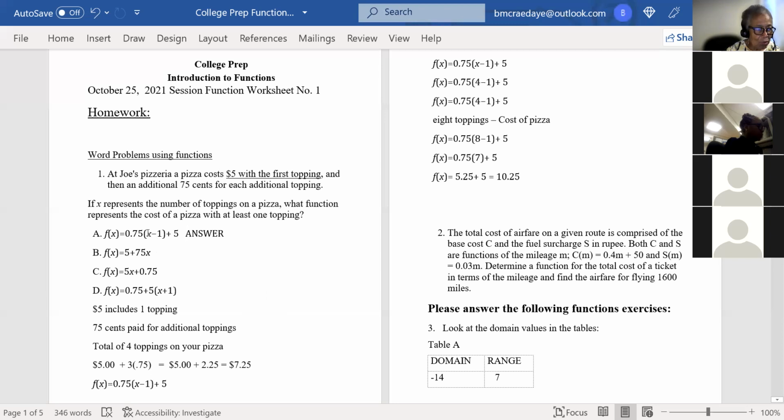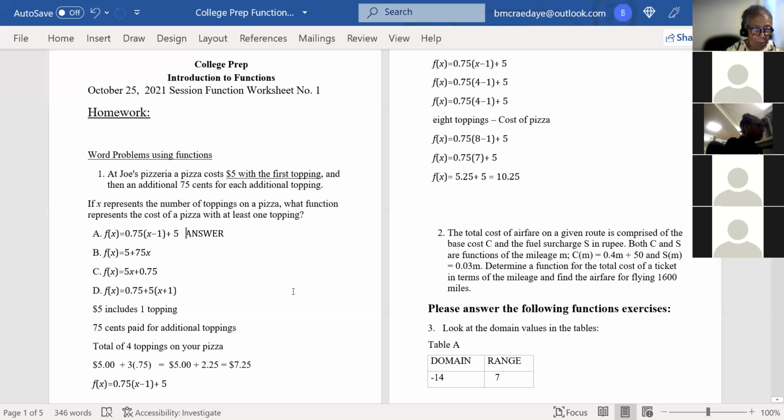You had 2 toppings, minus 1 would give you 1. So you only pay for 1 additional. You following? If you had 2 toppings, you'll only pay for 1 additional because 1 is already included, which is why you subtract it out. If you had 3 toppings, you'll only pay for 2. That would be 2 times 75 cents, $1.50 plus 5 would give you $6.50.